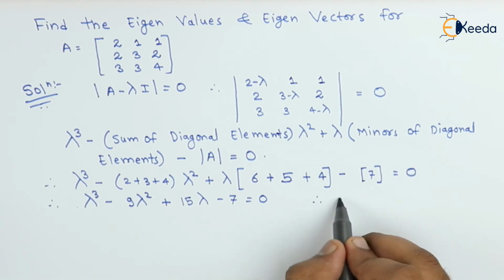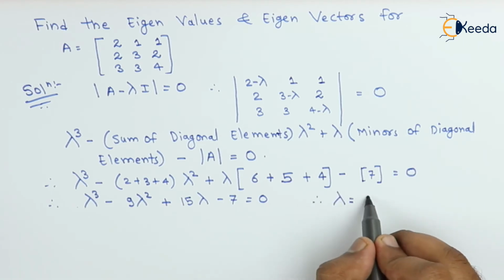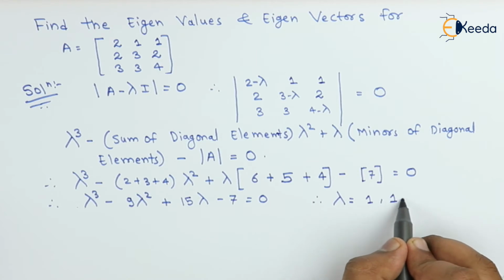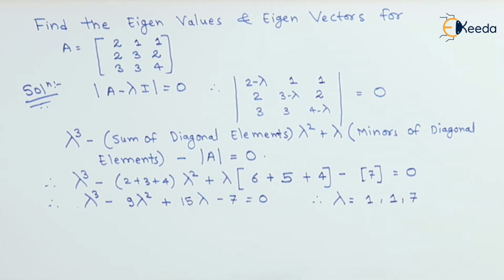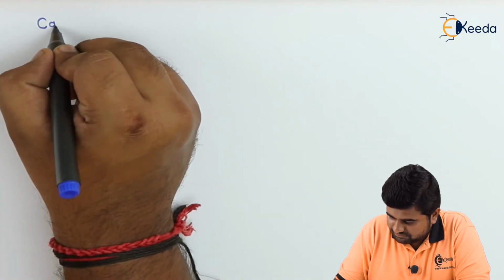Therefore, the values you will be getting is lambda is equal to 1, 1, 7. So here 1 is the value which has got repeated twice, along with 7 is the distinct value. So let us focus on lambda is equal to 1, which is the case 1.